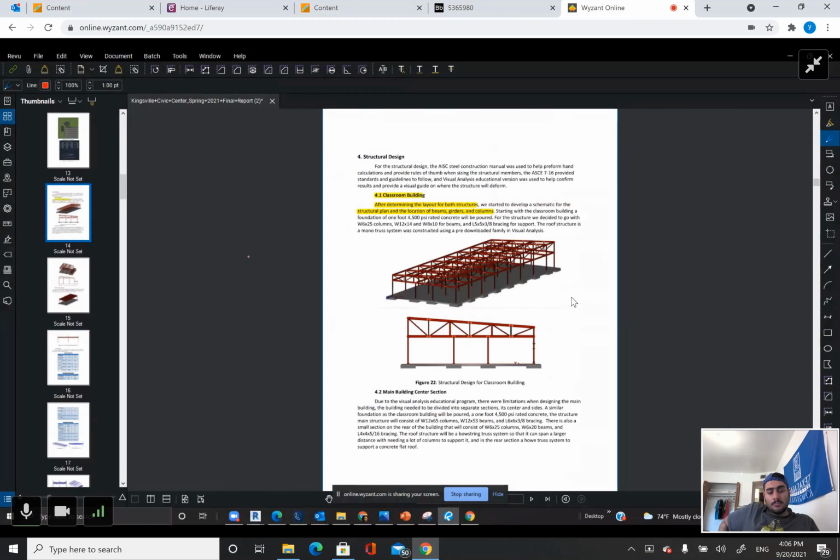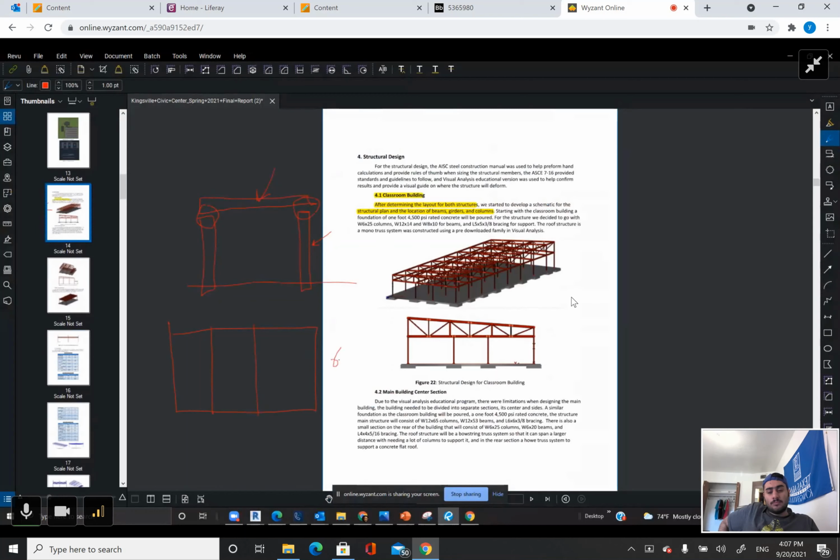If you have a column here and a column here, and you put a piece of metal or concrete or steel and connect it here and here, if this is the ground, if that's a column, that's called a beam. Now sometimes when we have a very complex structure, we might have beams going this way.